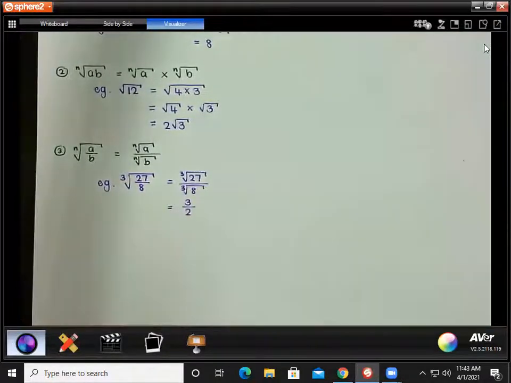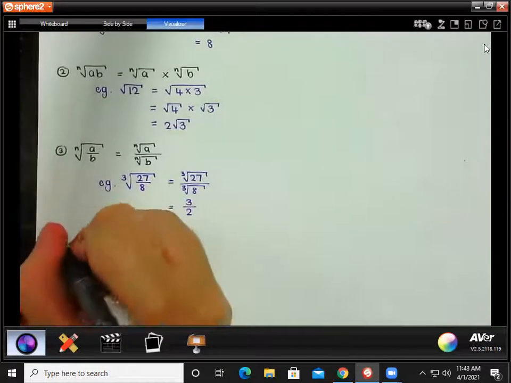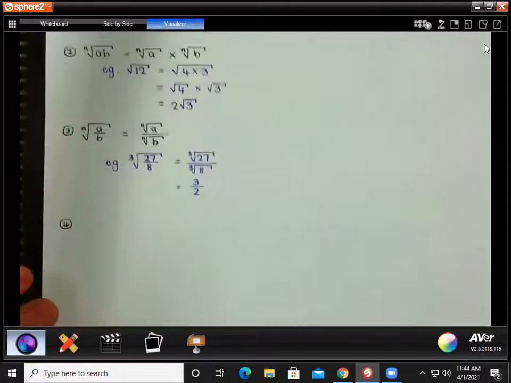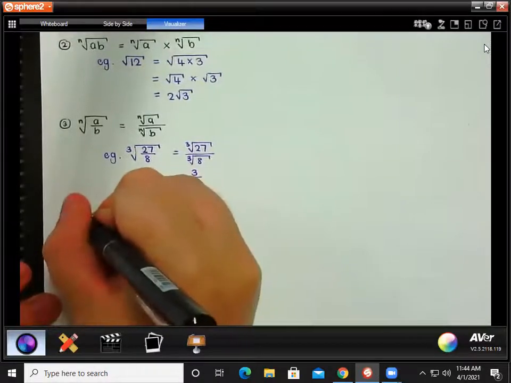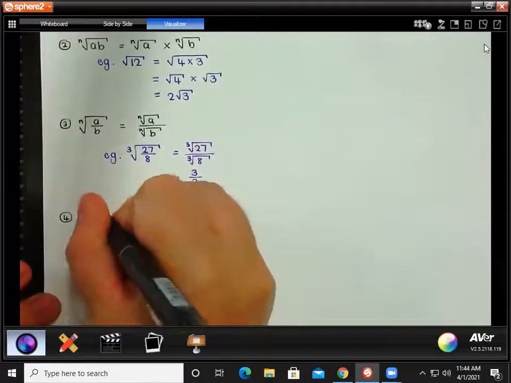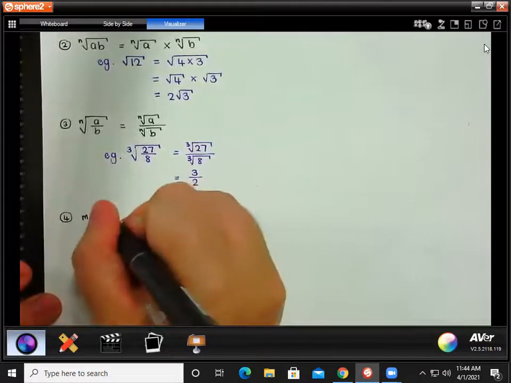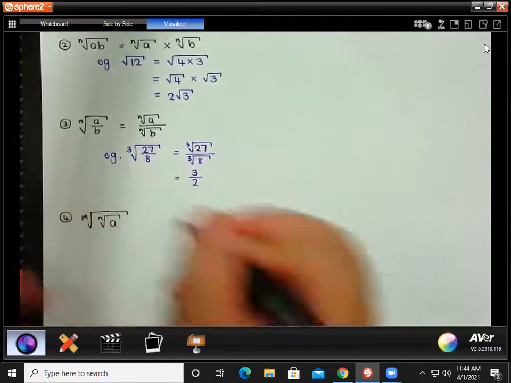Okay, the fourth one is one that we don't really use all that often, but I suppose it's useful to know. If you have two surds, so on the outside we have the mth root, and then on the inside we have the nth root of a, like that.